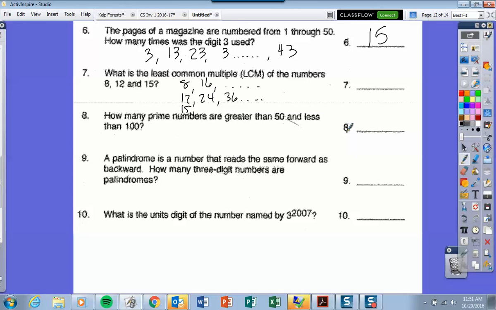Does 12 go into any of those numbers? Does 12 go into 30? No. Does 12 go into 60? Yes. Does 8? No. Okay. Does 12 go into 90? No. Does 12 go into 120? Yes. Does 8 go into 120? Yes. And so we get 120 as my final answer there.